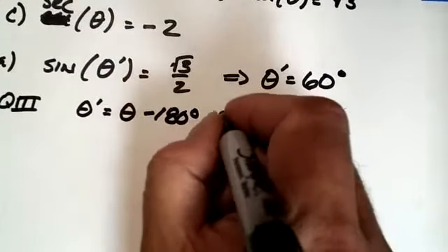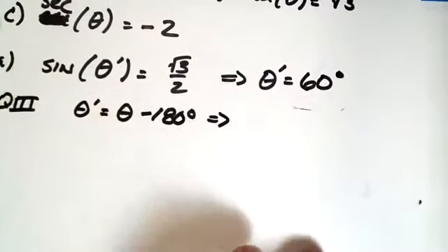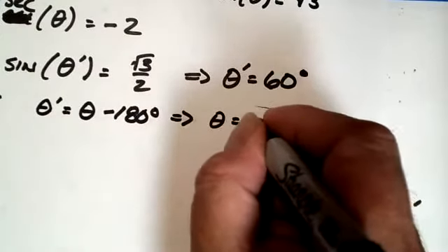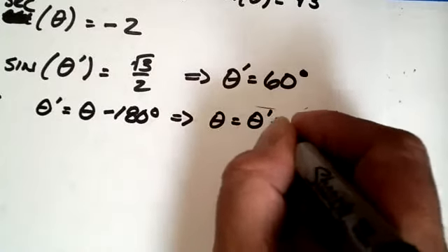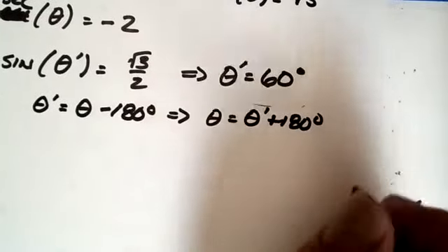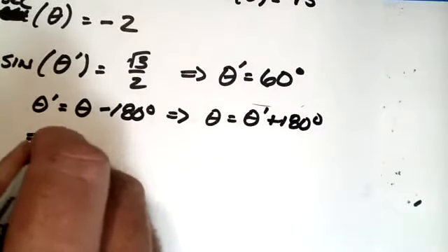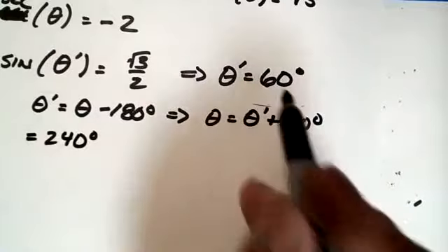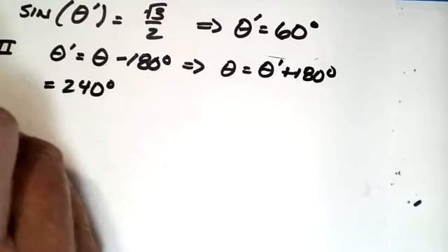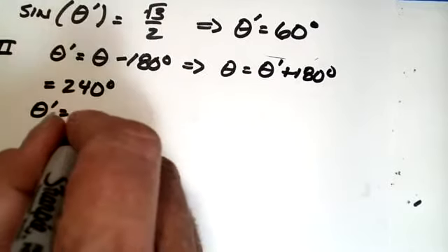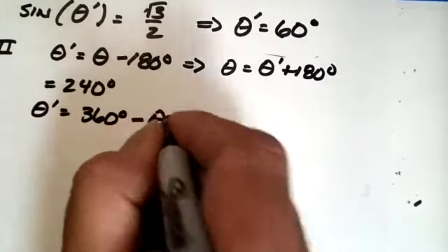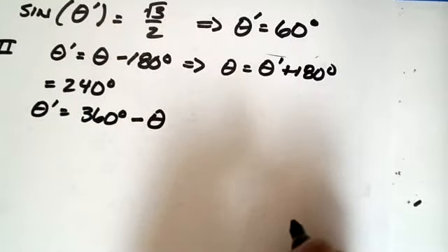So if you have the reference angle and want the actual angle, theta is equal to theta prime plus 180, which is 180 plus 60, 240 degrees. What about quadrant 4? Remember the equation was the reference angle is equal to 360 degrees minus the actual angle.